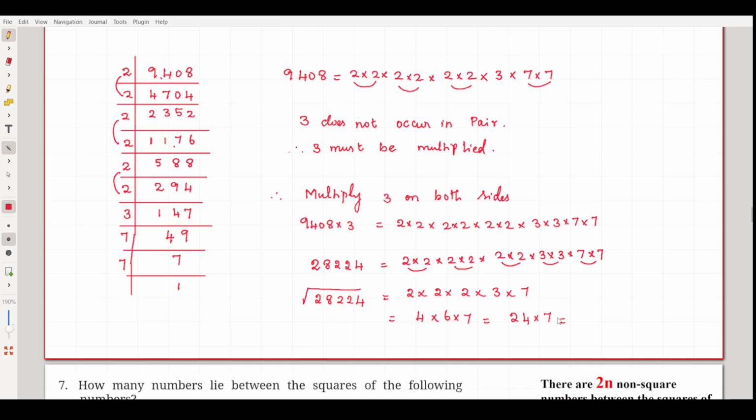So 24 into 7 gives 168. Therefore the square root of 28,224 is equal to 168.